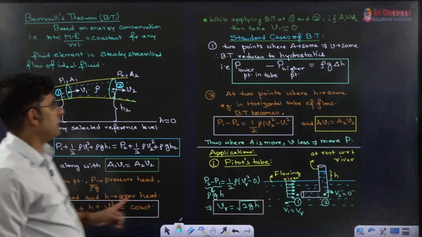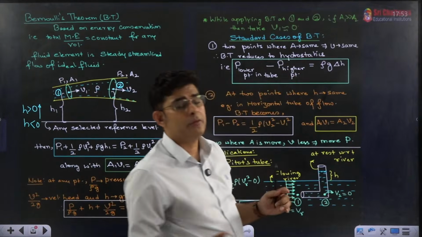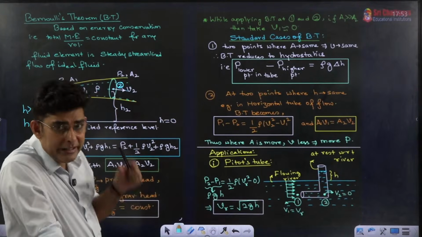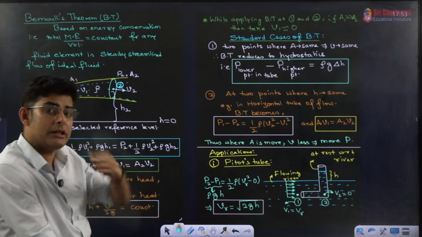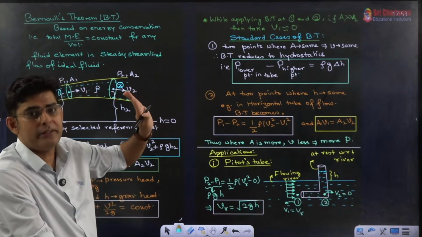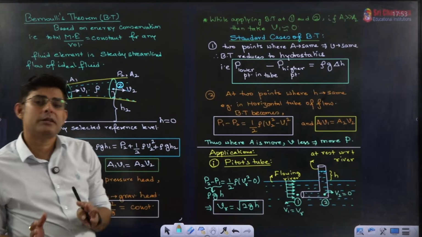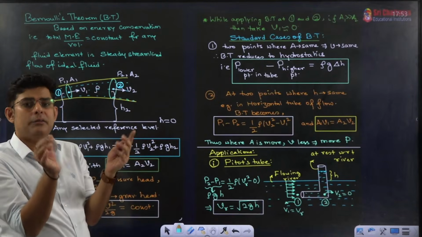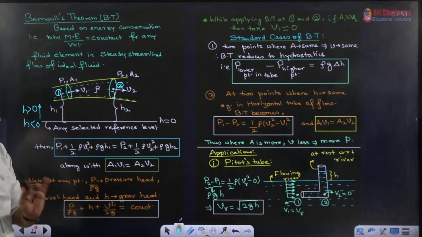Now mind one important thing, while applying Bernoulli's theorem at 2 points, say 1 and 2, if one of the areas is very large, you can neglect the speed at that particular point in the Bernoulli equation only, not that you will take that point to be at rest. While comparing 2 points, if one area of cross section is very large compared to the other, then the larger area speed can be neglected in the Bernoulli equation only.